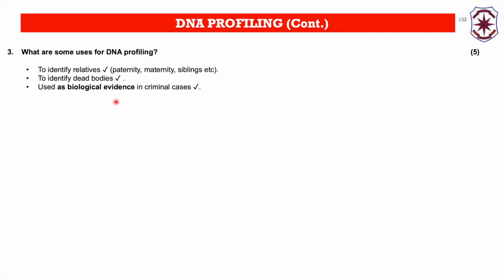That does not necessarily mean that they are the murderer, okay, guys? So, to gather evidence in a criminal case, the court may use DNA profiles as biological evidence to build proof of a murder. Okay, guys?